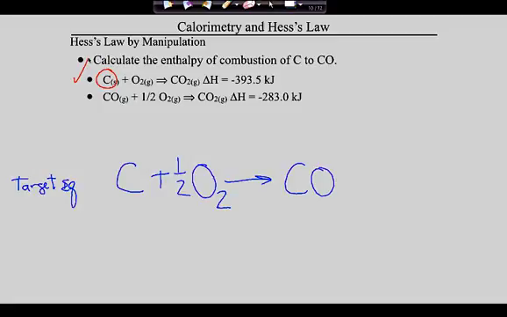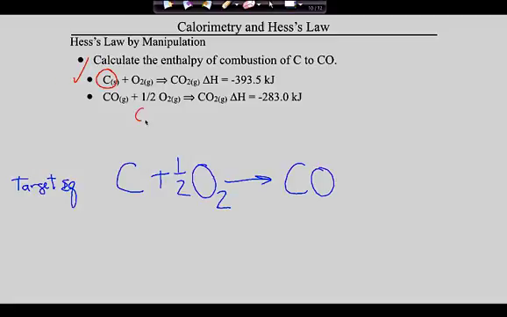So now guys, we look at our next reaction. And we go, okay, our first component is carbon monoxide, and we go and find it in our target reaction. What do you now notice? It's on the wrong side. Are the numbers correct? 1 and 1. So the numbers are correct. The problem is it's on the wrong side. So guys, what do we have to do? We've got to flip this reaction over.